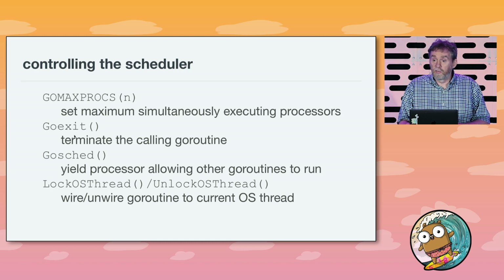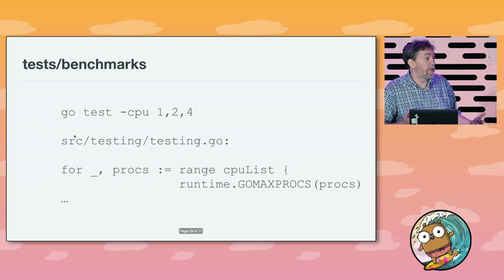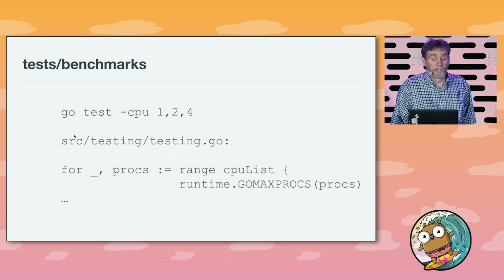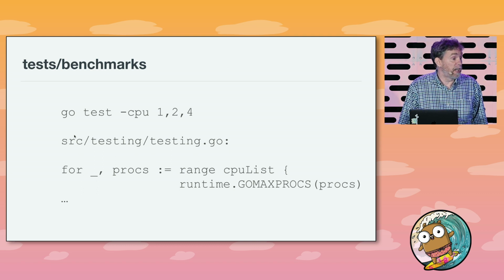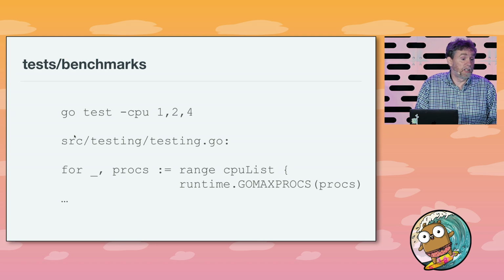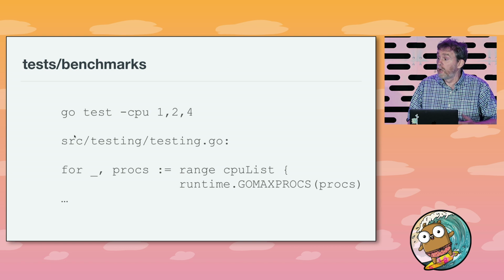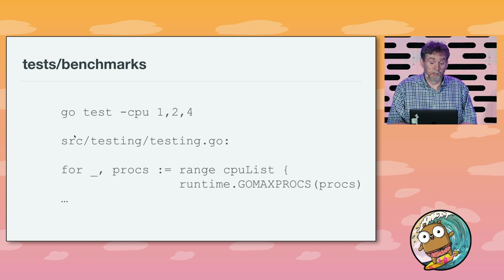So let's go back to these functions that are used to control the scheduler and see how they're actually used. How about GOMAXPROCS? Why would anybody need that? I don't know if anybody's used the handy -cpu flag in go test, but what it does is run the tests several times with different settings for GOMAXPROCS. So in this example, where it says -cpu 1,2,4, it runs the test 3 times, once with 1 available processor, once with 2, and once with 4 available processors.